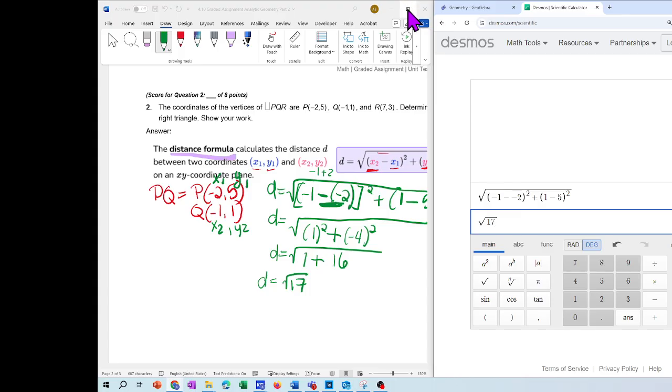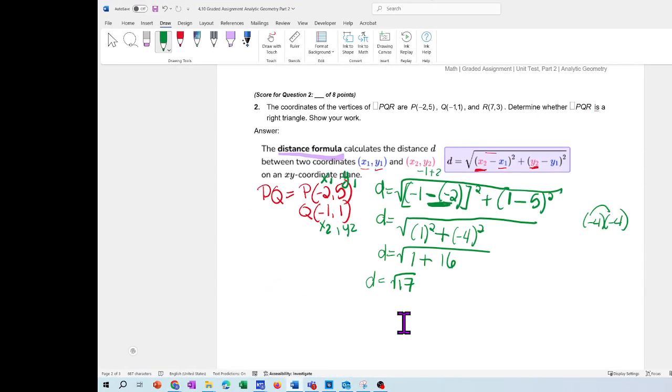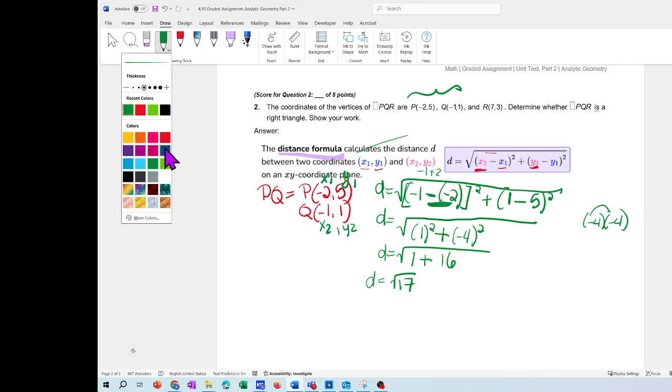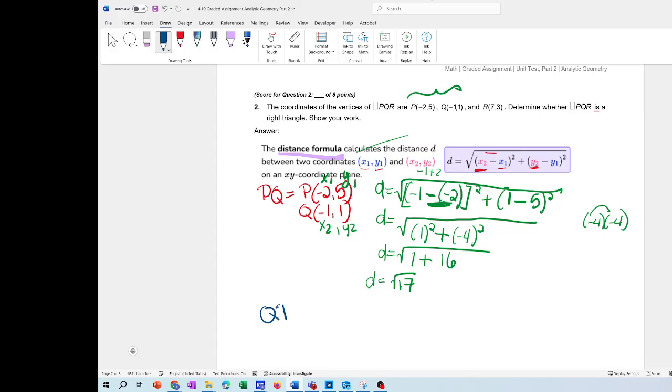Okay, and then on your own, I already did PQ. On your own, you're going to do the distance of QR. I'm going to help you a little bit with this one. So Q is negative 1, 1, and then R is going to be 7, 3.